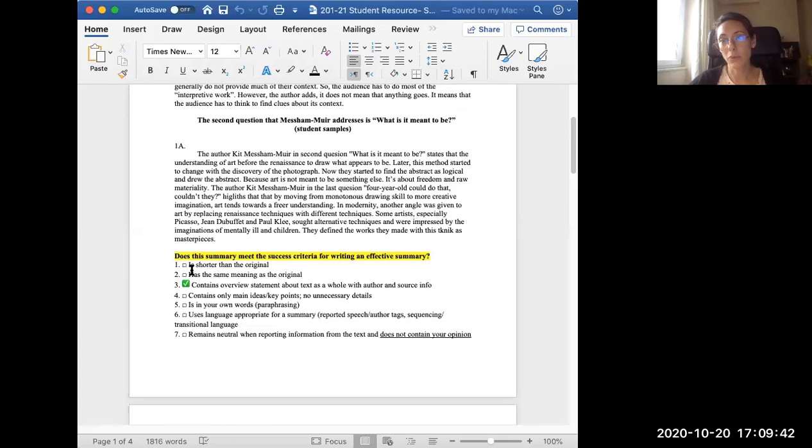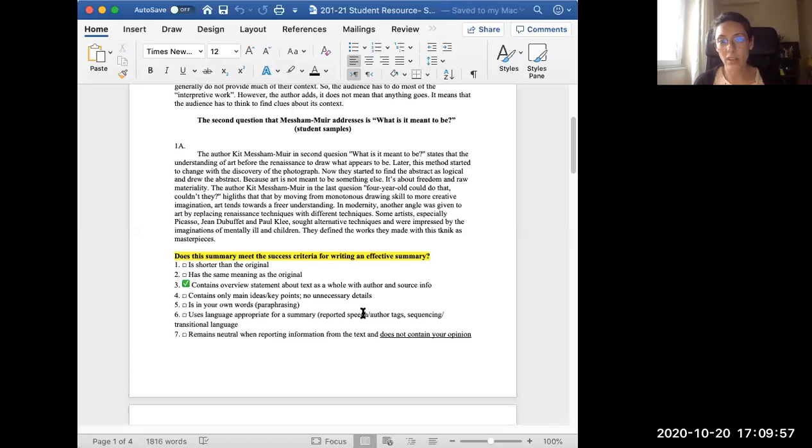So the summary has to be shorter than the original, has to have the same meaning as the original, contains an overview statement of the text as a whole, only main ideas, no unnecessary details.